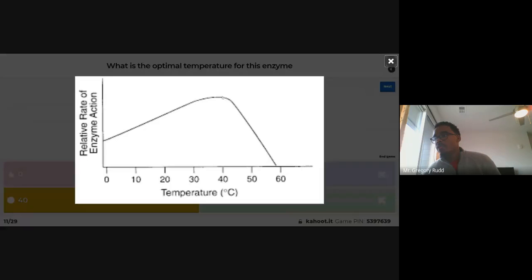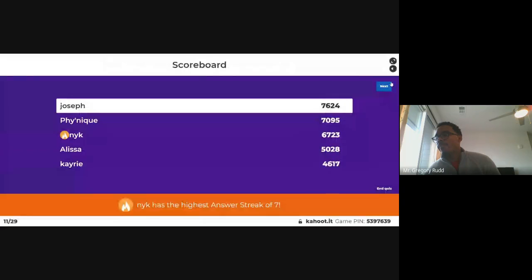The optimal temperature is where the curve is the highest, and that appears to be right at 40 degrees Celsius in this case. Nick is on fire. Good job.